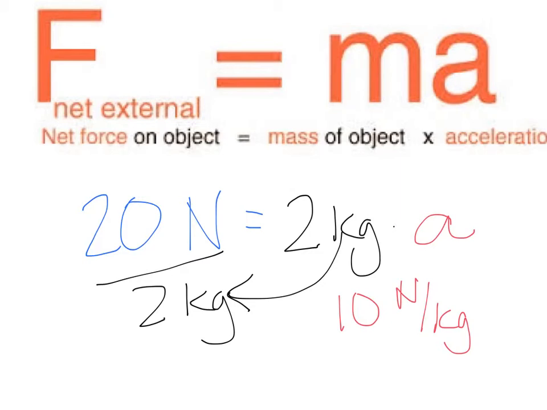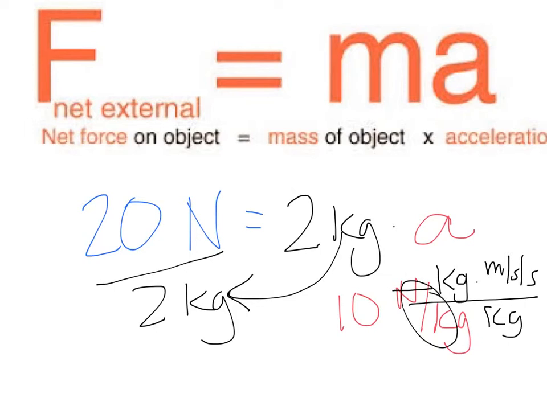10 newtons per kilogram is the same as 10 meters per second squared. That's because a newton means kilograms times meters per second squared. If we're dividing that by kilograms, those kilograms cancel out, and you're left with meters per second squared, which is what we're more familiar with for the units for acceleration.